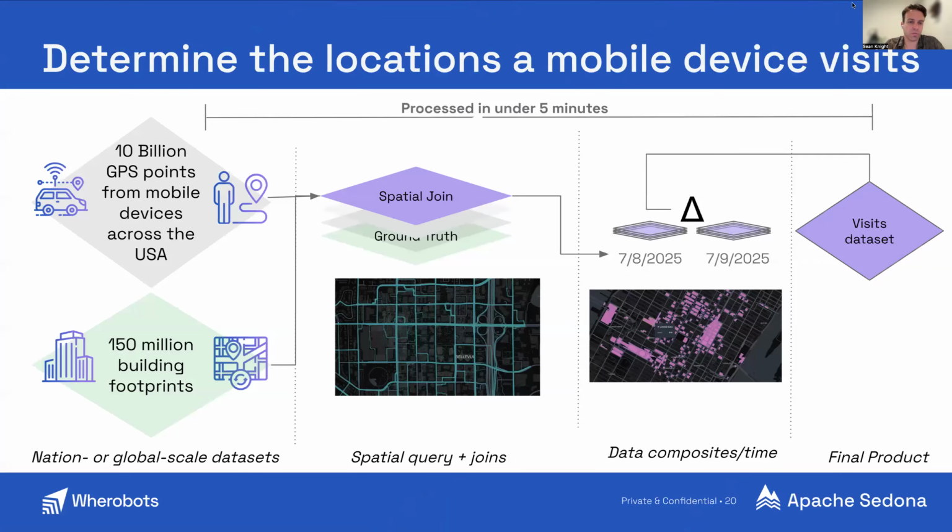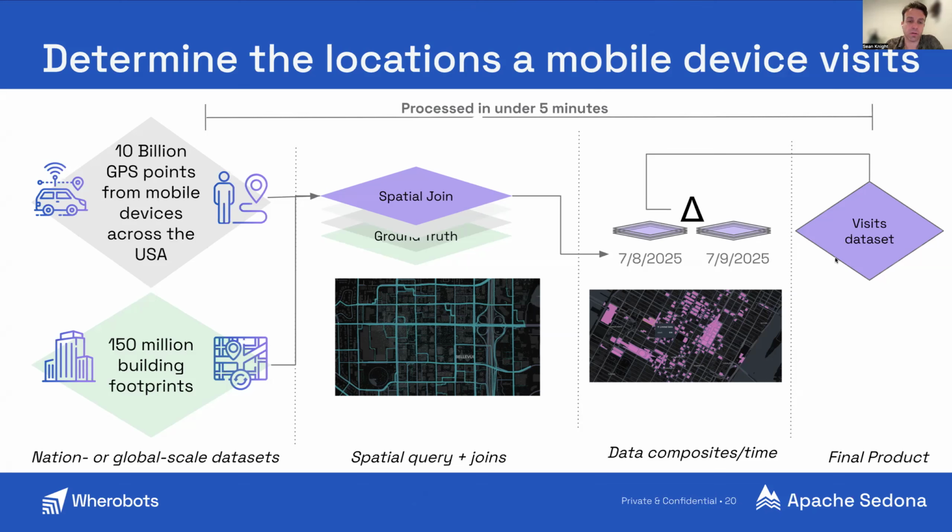So here's a rough overview of what this pipeline might look like productionalized. We are only going to do parts of this, a simplified version, to show the speed and capability of these kinds of large spatial joins. But this is what the workflow might look like if you were trying to generate, say, a visits data set.